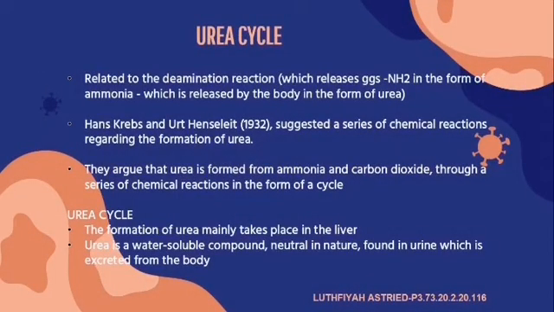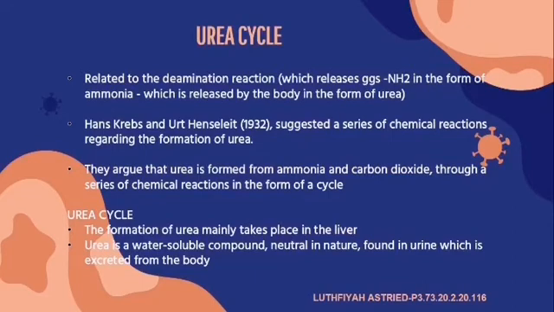Urea cycle. It is related to the deamination reaction, which releases NH2 in the form of ammonia, which is released by the body in the form of urea. Hans Krebs and Kurt Henseleit in 1932 suggested a series of chemical reactions regarding the formation of urea.